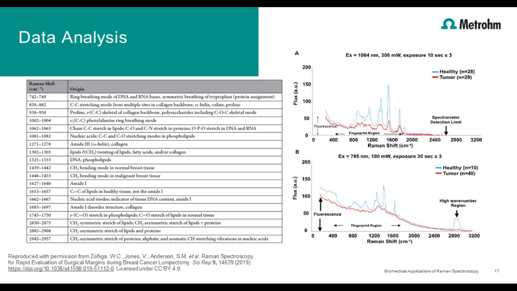So here we have data sets collected from two different laser excitation wavelengths. The top is the 1064 nanometer data, and the bottom is the 785 nanometer data. It's very difficult to detect the differences here if you don't know what you're looking for. Especially in the 1064 nanometer data, the healthy tissue spectra look quite similar to the tumor tissue spectra, and we have a little bit of fluorescence in the 785.